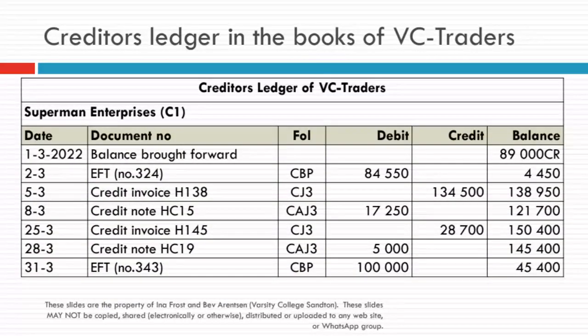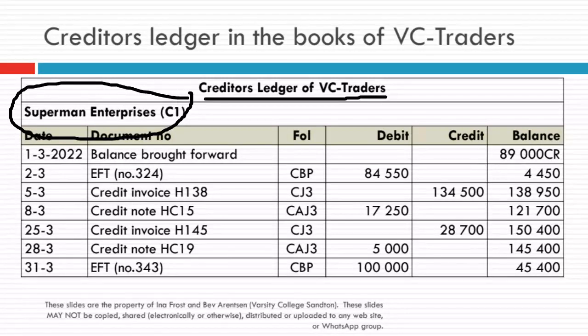So here we have the creditors ledger, and currently our business is called VC Traders, and the creditor that we are working with at the moment is Superman Enterprises. And this is the individual account for Superman Enterprises in the creditors ledger of VC Traders.